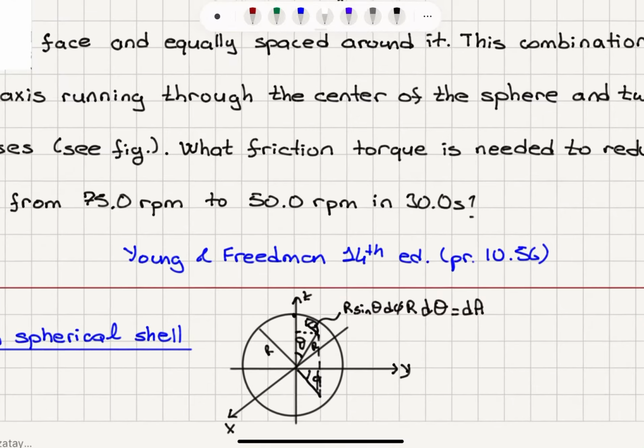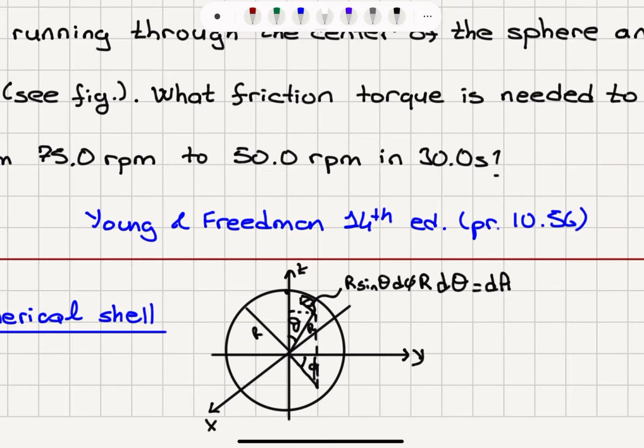So if we look at a spherical shell here, you can see that when I'm at a distance capital R from the origin, if I go through an angle d theta, this is going to give me the arc length r d theta, and then the other dimension will be r sine theta d phi. So I have two things here.